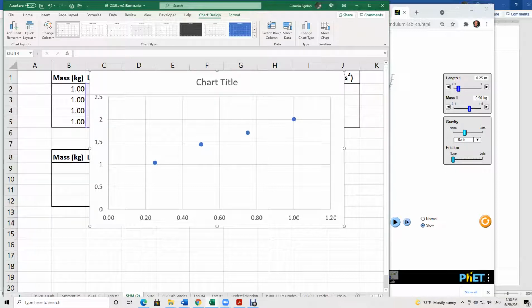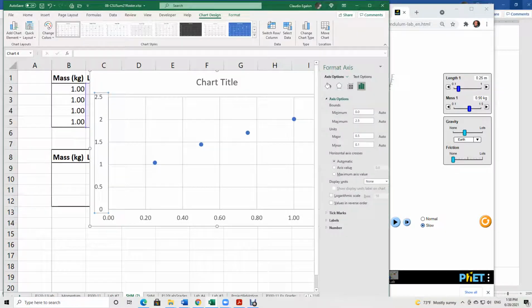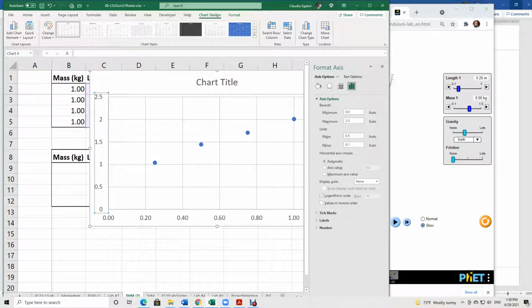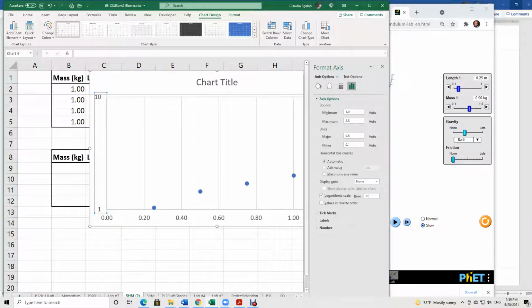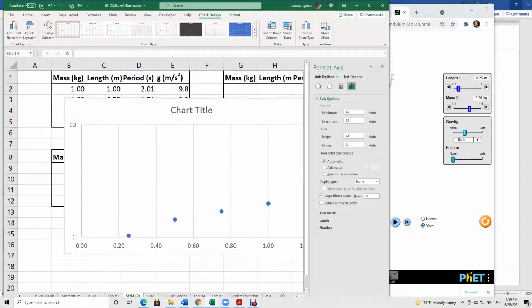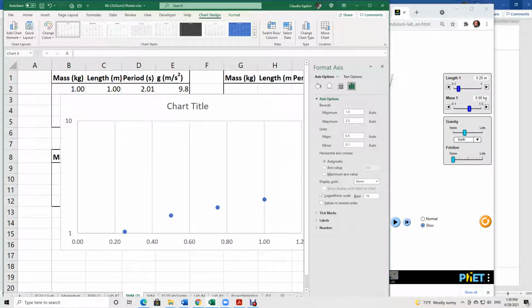Okay, if you really want to know whether it's a square root relation or not, you can come up with a log scale right in here. Not this one. No, not this one. Sorry, folks. You want the log scale in the horizontal.